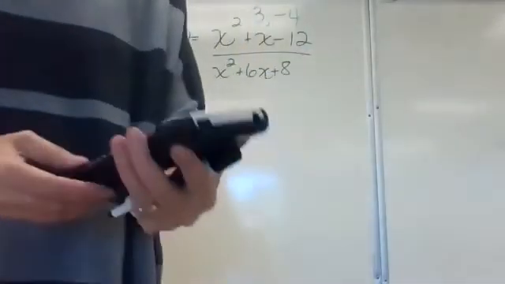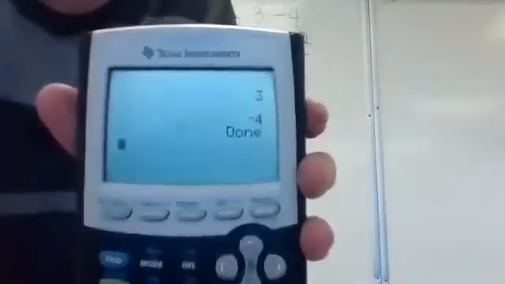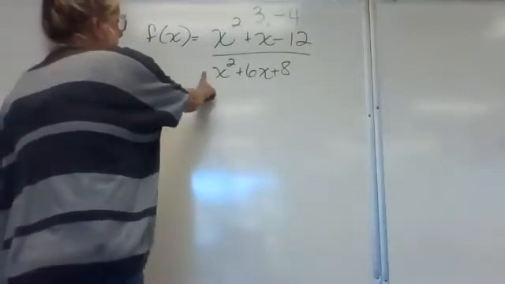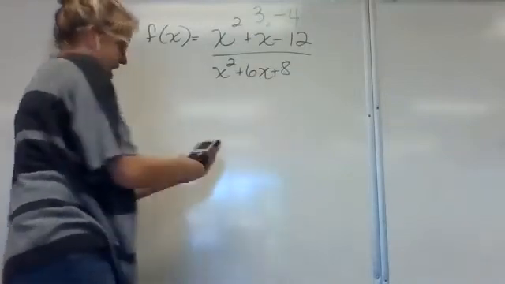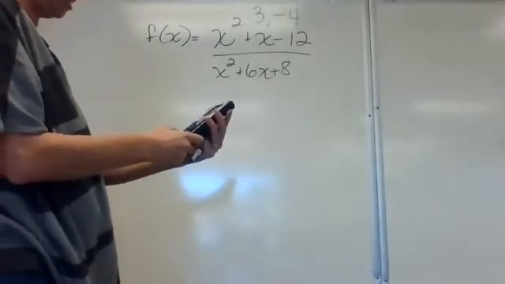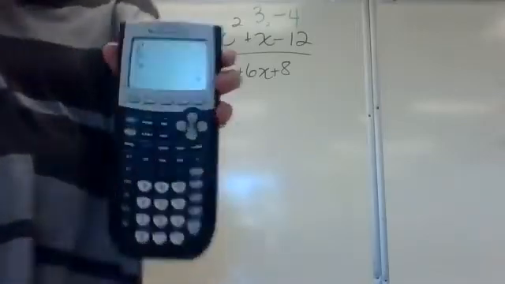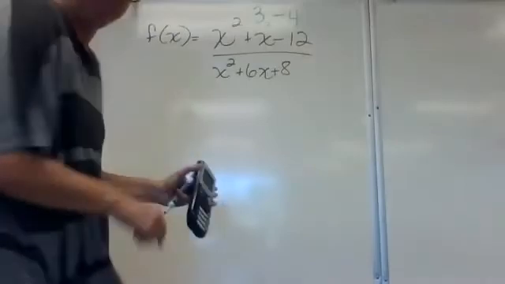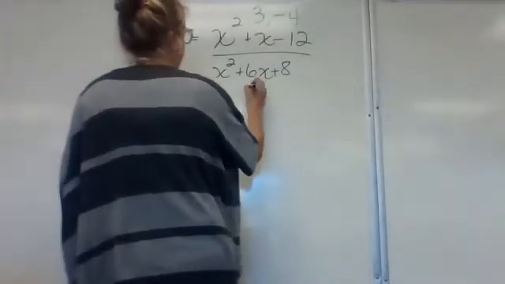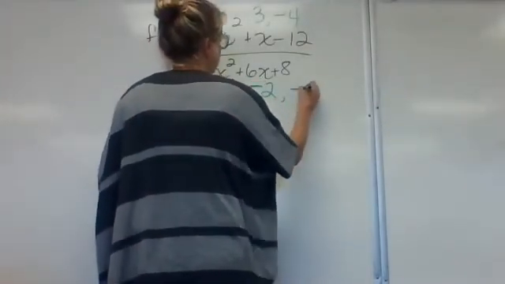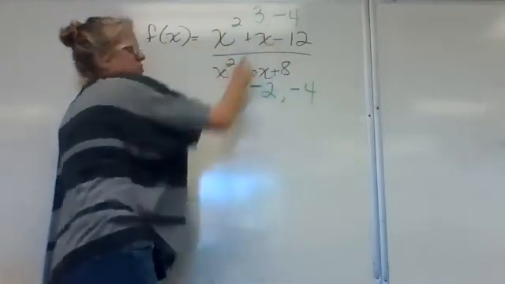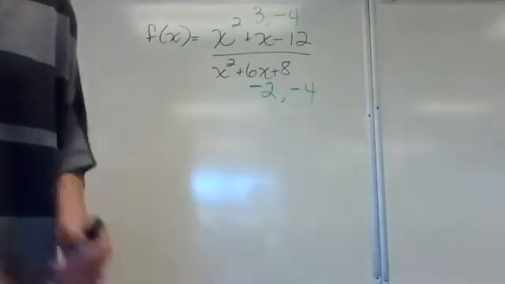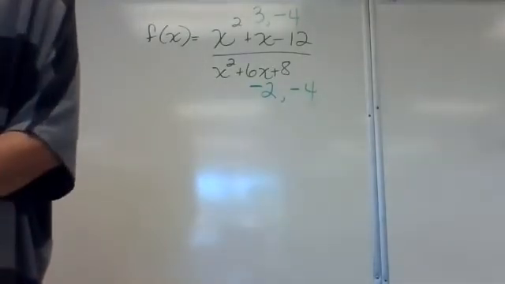Now I'm going to find the zeros of the denominator using the quadratic formula also. So A is 1, B is 6, C is 8. So 1, 6, 8. And it gave me -2 and -4. So the zeros of the numerator are 3 and -4, and the zeros of the denominator are -2 and -4.